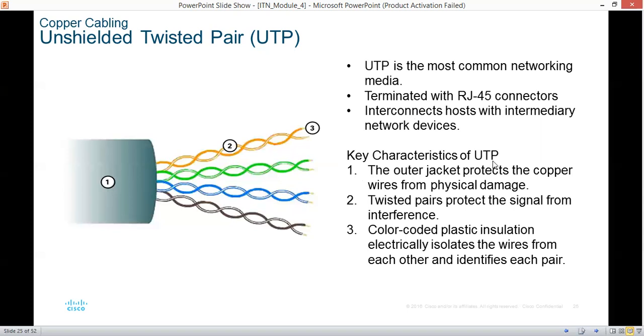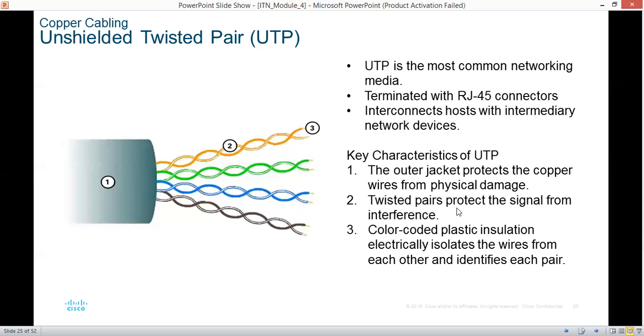So the key characteristic of the UTP is that the outer jacket protects the copper, but I think this is best when you see them yourself. So please just let them see it so that too much grammar here can be narrowed down. So when you come to the network lab in Block D, we have everything there. Oh, lovely. So I would advise that all the instructors, those who haven't done hands-on in this area, should use the lab so that before you take this model exam, you'll have practiced that aspect.